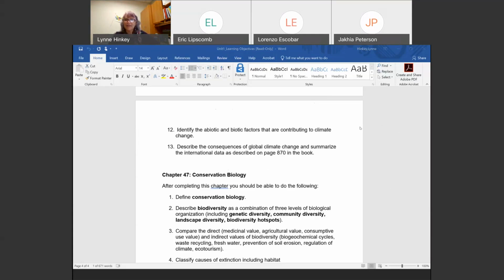Let's go back here. Chapter 47, conservation biology. I'm so glad some of you mentioned that you like that, because in high school and previous bio classes, you didn't really cover this, or it's kind of blown off. You see it's chapter 47, it comes at the end of the term, so there's very little time to actually cover this usually.